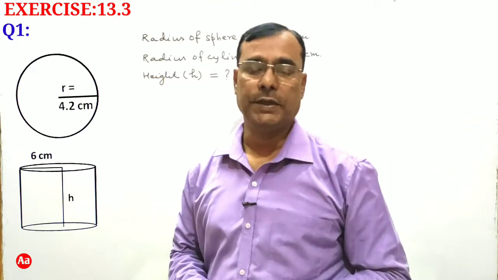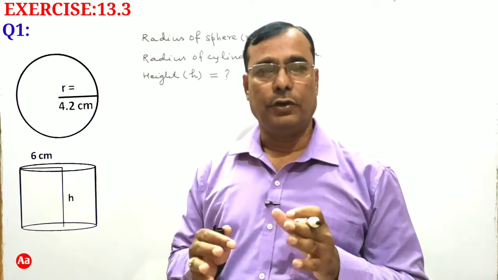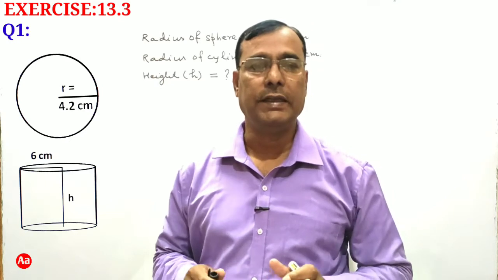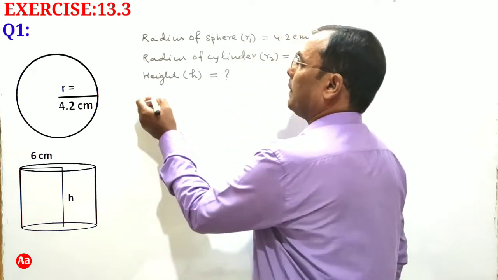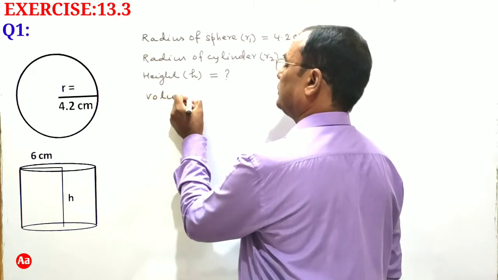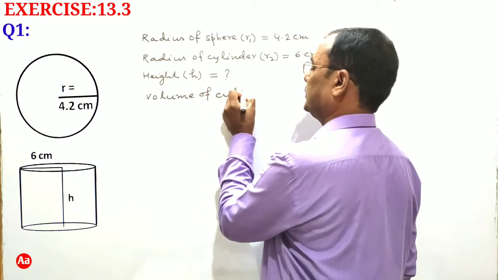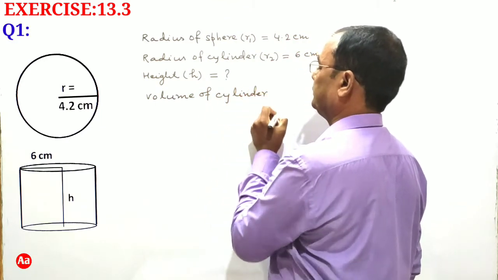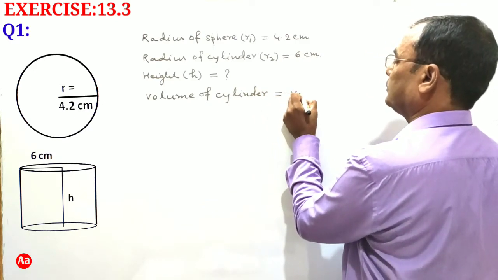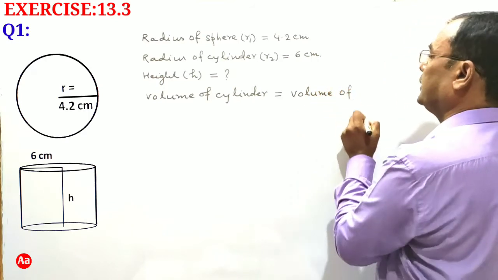As metallic sphere is melted and recast into the shape of a cylinder, so volume of cylinder is going to be equal to volume of metallic sphere. Volume of cylinder is equal to volume of sphere.